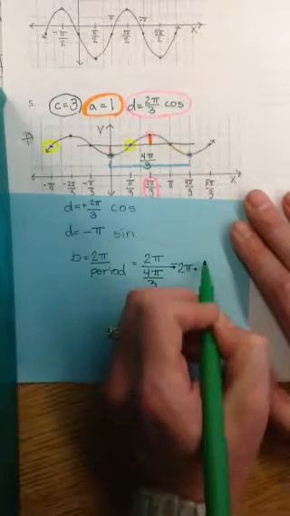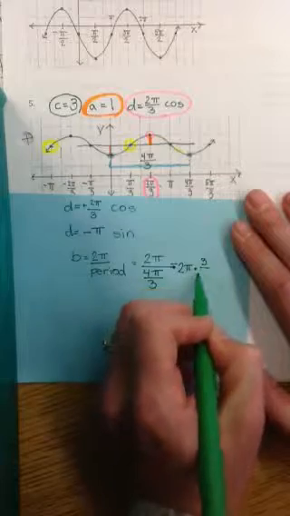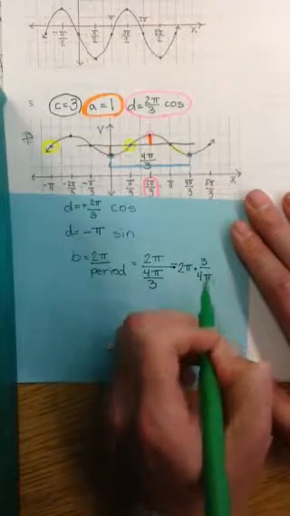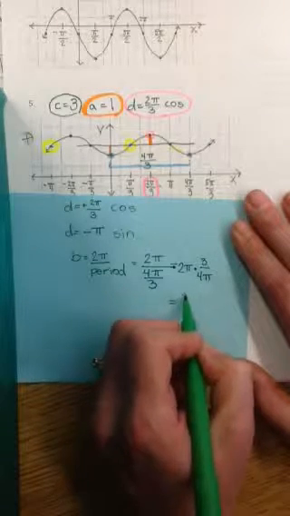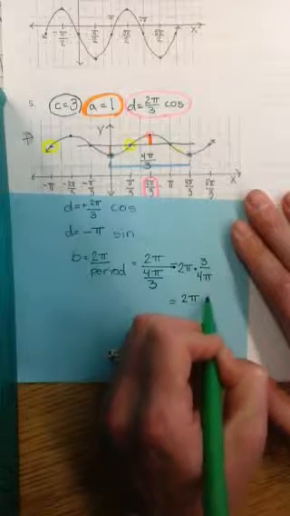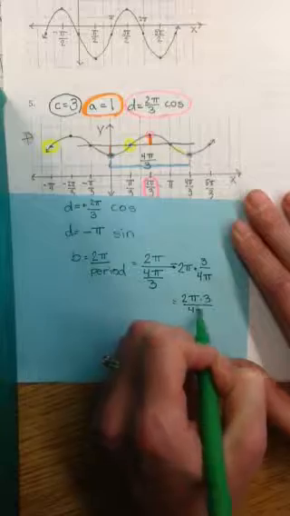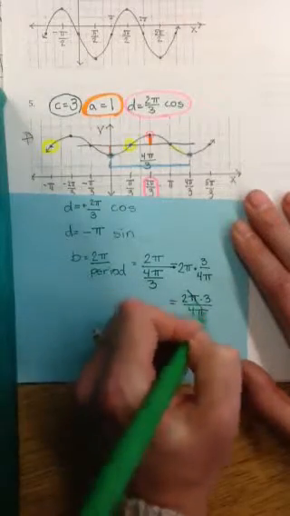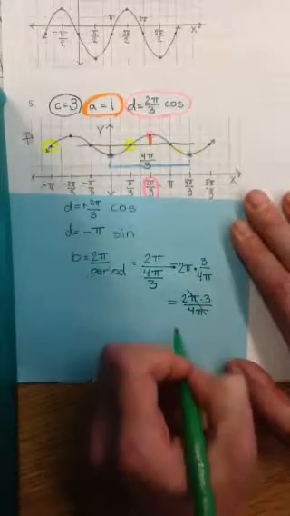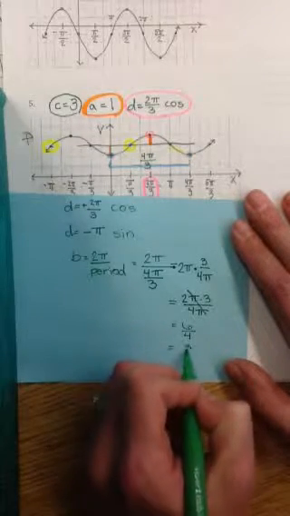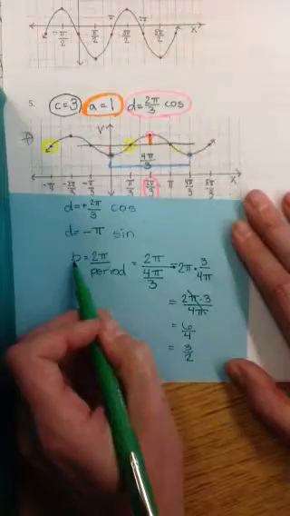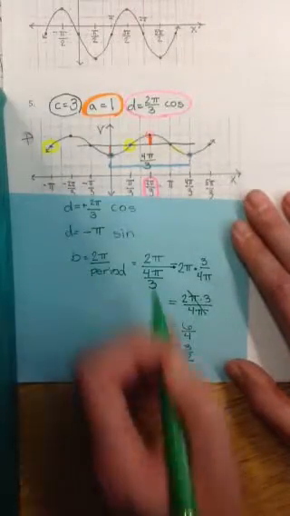If I flip this whole thing, 3 is now on top, 4 pi is on the bottom. So we've got 2 pi times 3 over 4 pi. The pi's definitely cancel out, which is nice. Now I've got 6 over 4, which is equal to 3 over 2. So my B is 3 over 2.